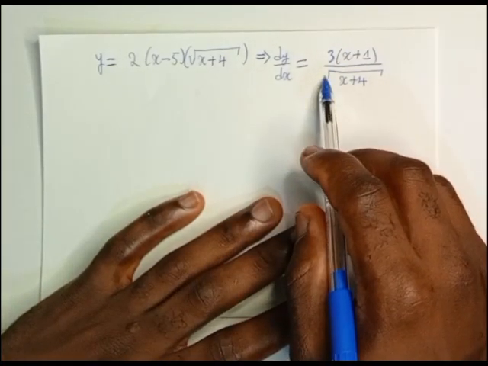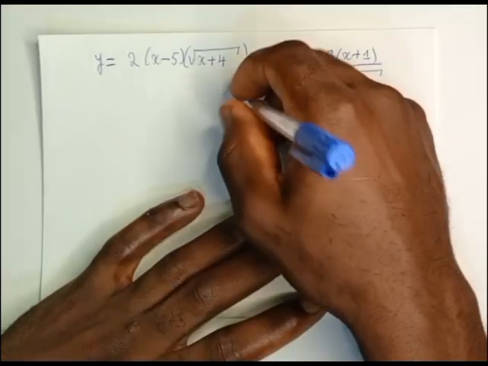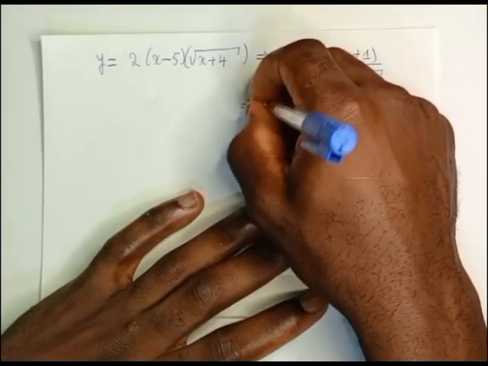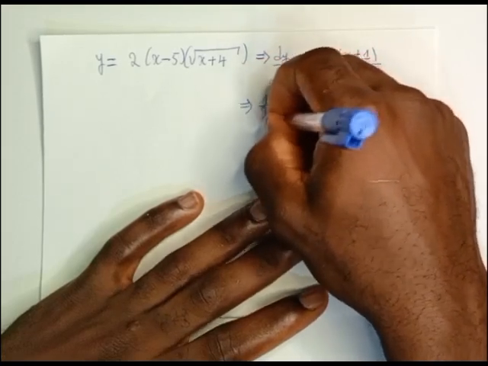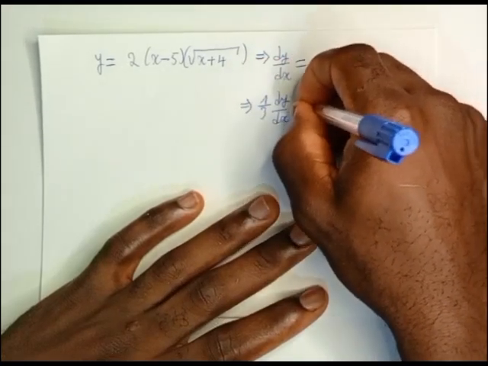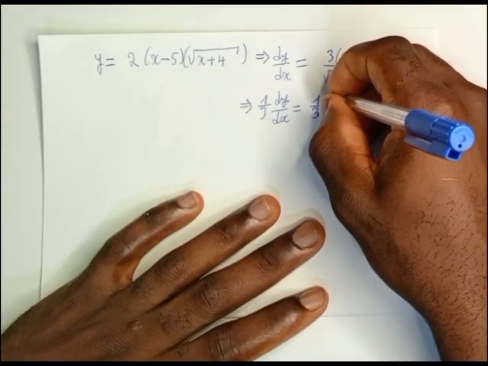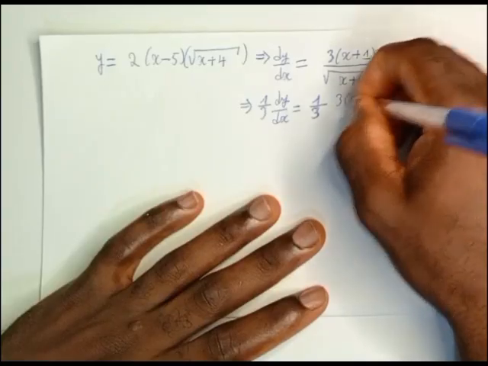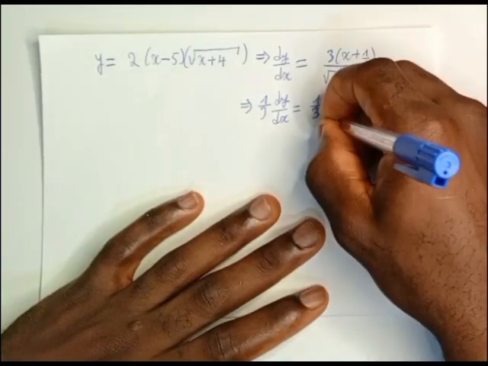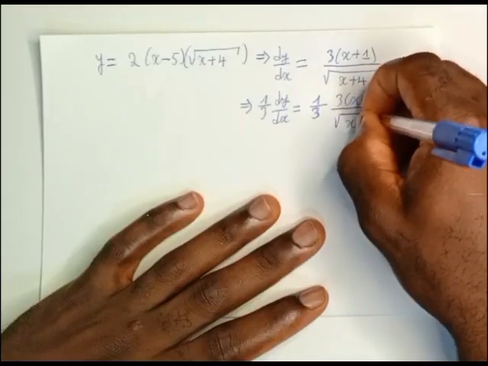Here, if we divide both sides by 3, this will imply 1/3 dy on dx is equal to 1/3 of 3 times x plus 1 all over the square root of x plus 4.